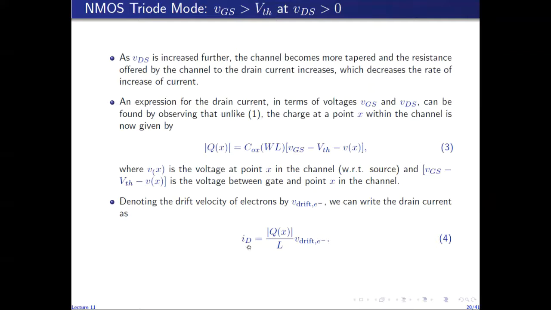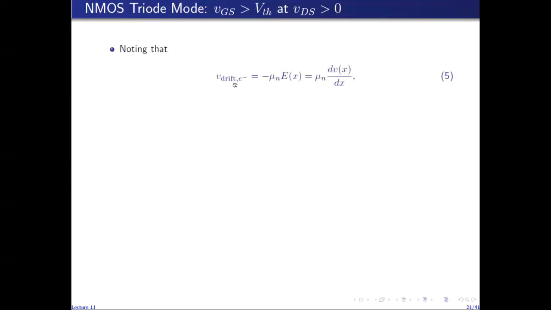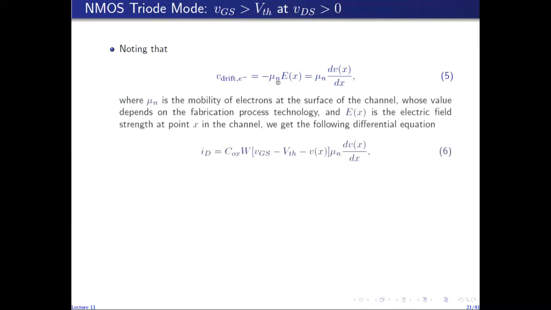We know from basic physics that the drift velocity of the electrons is given by the mobility of the electrons, so mu n is the mobility of electrons at the surface of the channel, times the electric field along the channel, Ex.